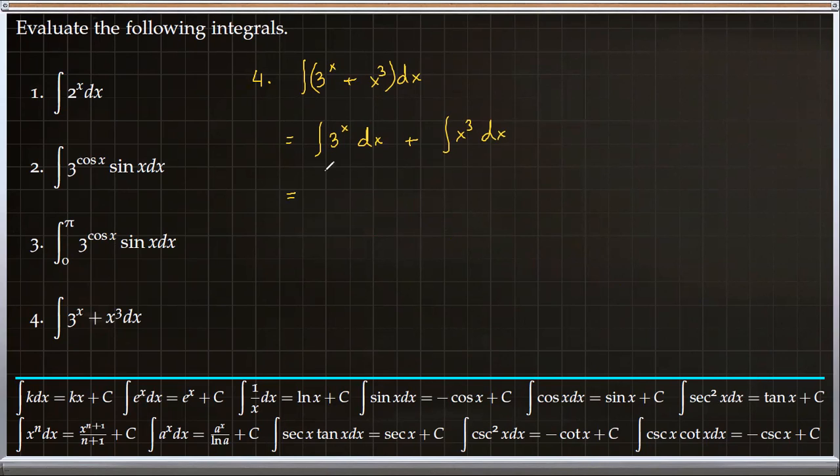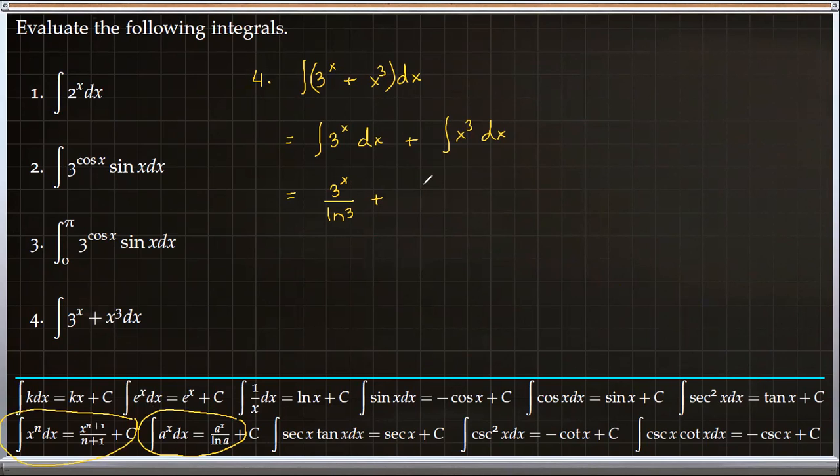3 to x, looking at the formulas we have available, it looks like a to x. So we will be applying this formula with a equals 3. Then we get 3 to x divided by natural log of 3 plus, for the second part, x cubed looks like x to n with n equals 3.